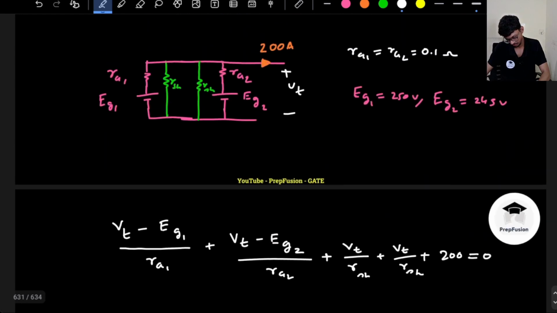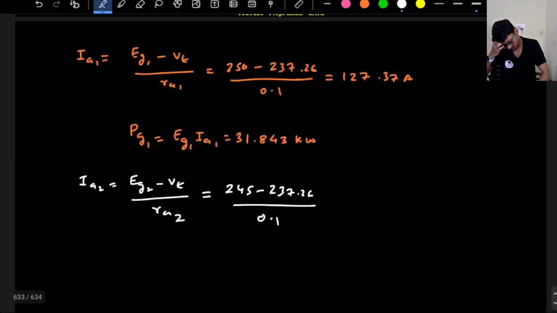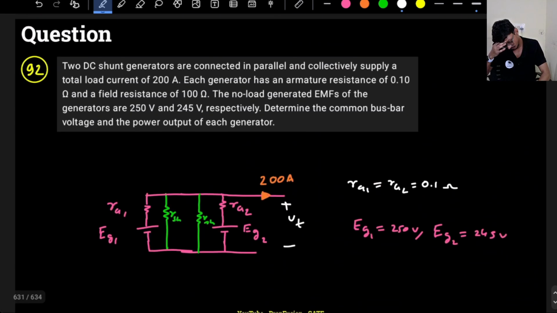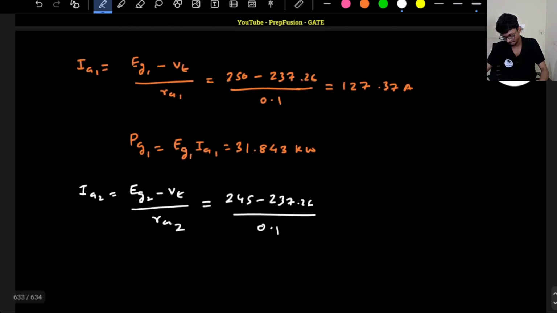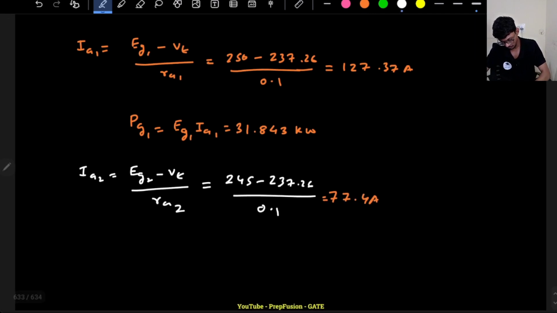This will be the current supplied: 245 minus 237.26 divided by 0.1. So this current will be 77.4 amperes.